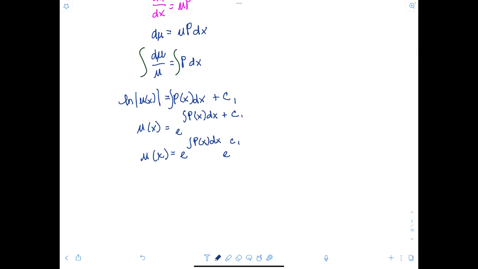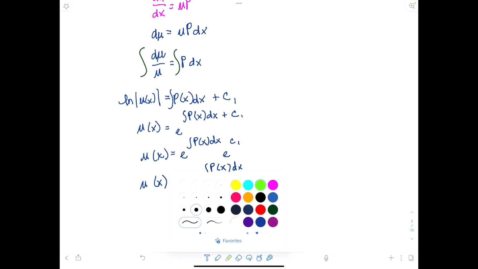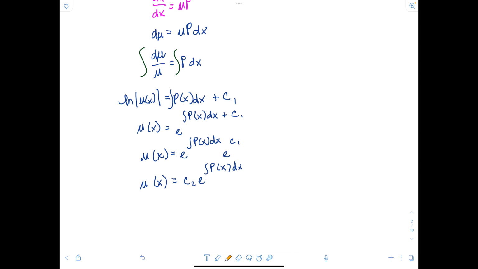Renaming e to the c1 as some constant, we'd have mu at x, and I took off the absolute value bars because it's equal to an exponential, so it can never be negative. So then we'll get some c2 times e to the integral p at x dx, and that c2 just comes from here.